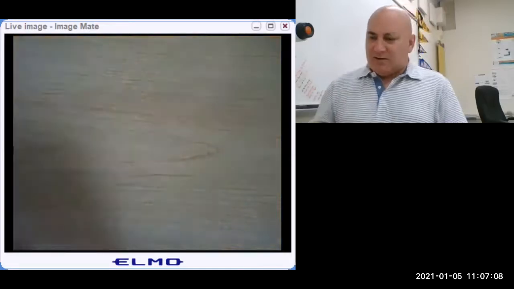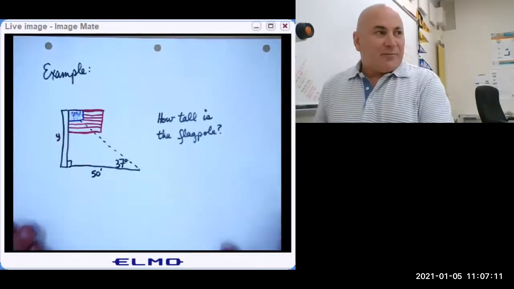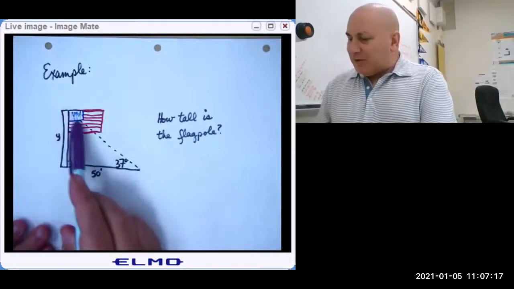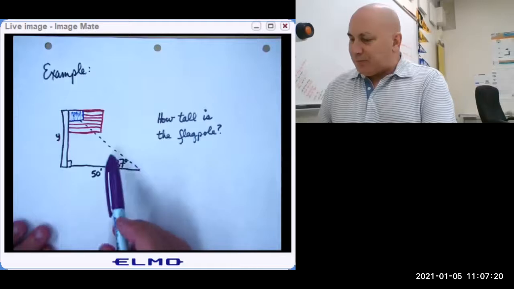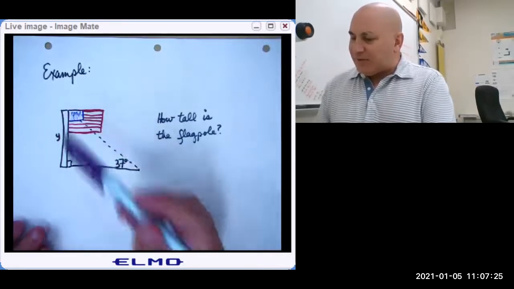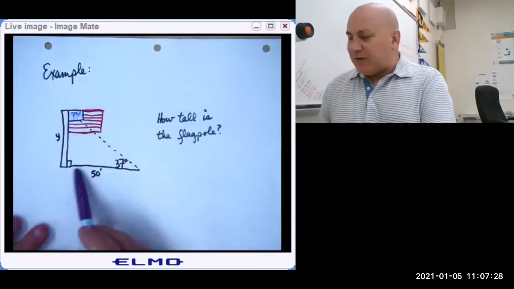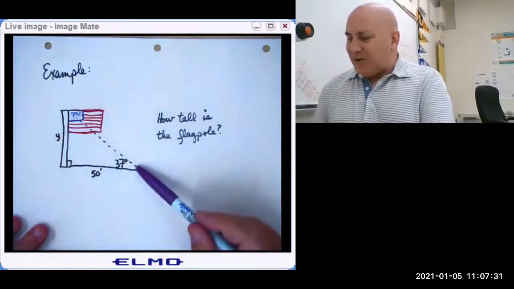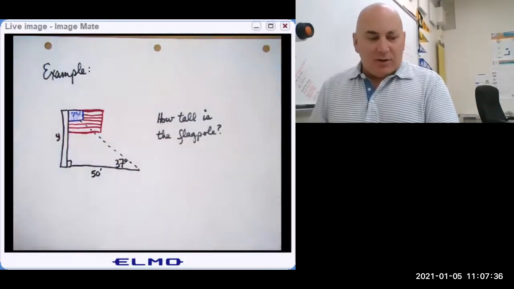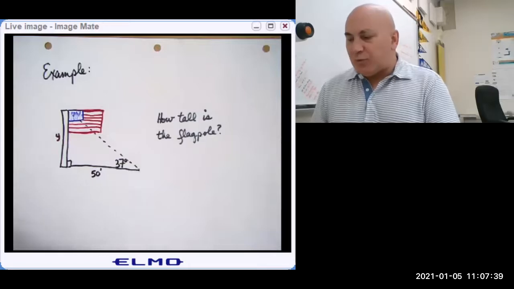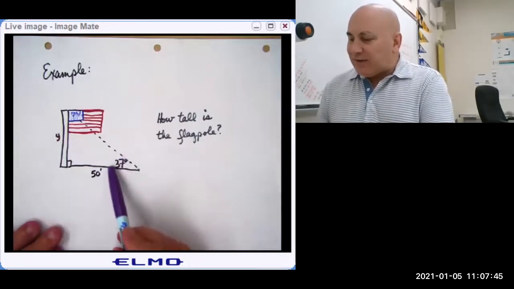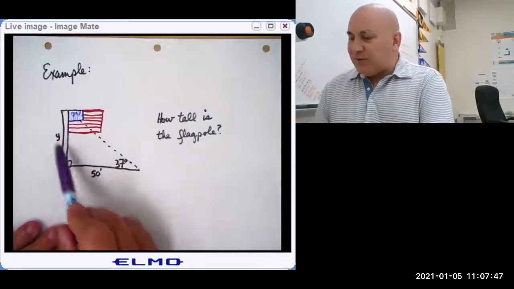So because I'm a good American, if I'm 50 feet away from the flagpole, and the angle measuring up to the top of it is 37 degrees, how tall is the flagpole? Well, we can use some right triangle trigonometry. What trig ratio relates this angle to these two sides?